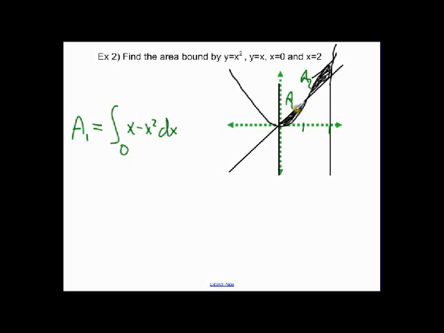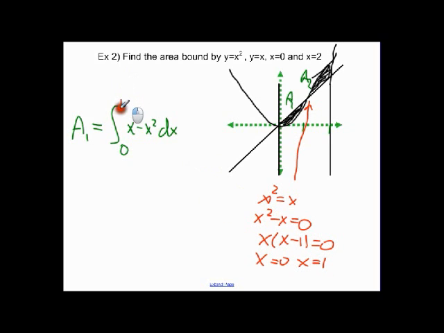Well, we've got to find that out. Again, we're going to have to do the same thing that we did last time: x squared is equal to x, figure out that x is 0 and x is 1. So this gives us our upper boundary of 1.